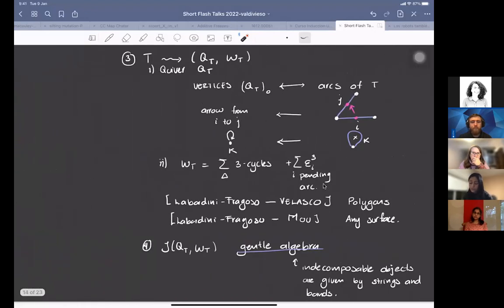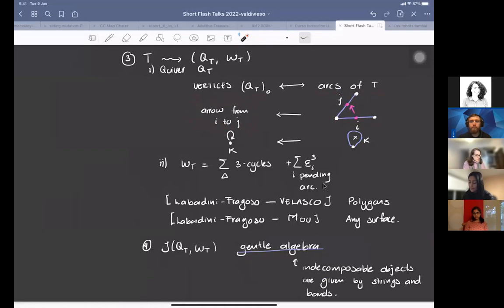And as usual, what we're going to do is to construct a quiver and a potential. The quiver is as follows. Basically, given a triangulation T, the vertices of the quiver are in bijection with the arcs of the triangulation. And we are going to have an arrow from I to J if J follows I in the clockwise order, like this.